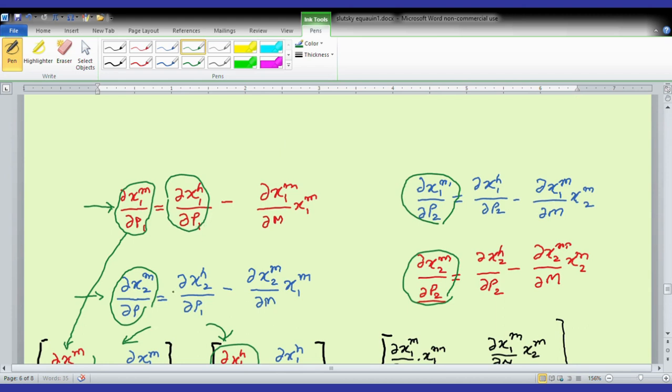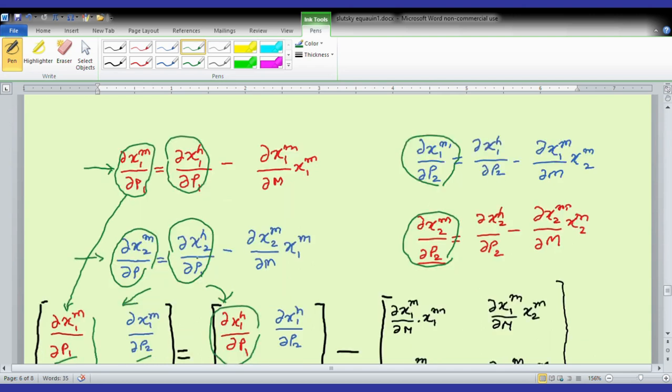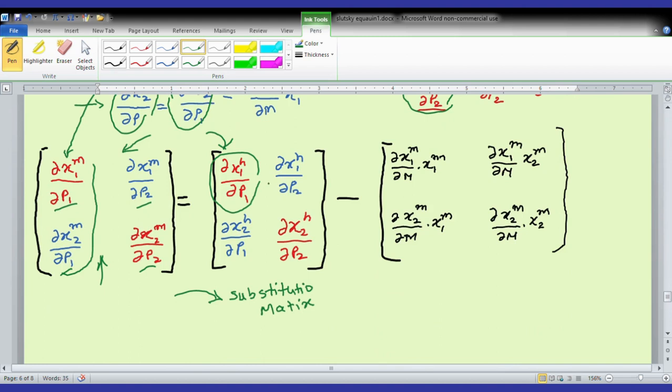This is the element in the second row in the first column, and so see that these two effects are like here and here.